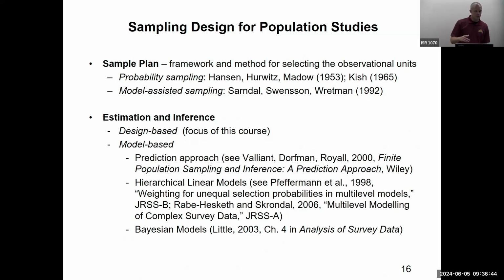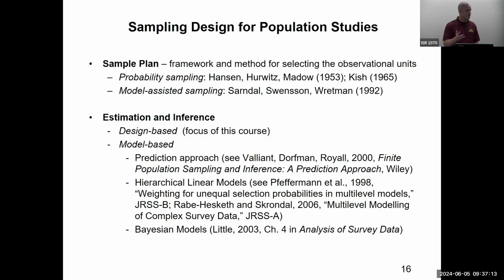So our focus is going to be on design-based approaches, which we'll define in a second, but there are alternatives. And when we talk about multi-level modeling later on in the course, we're going to get into alternative model-based approaches that one could use to analyze survey data. But our primary focus to start with is going to be on these design-based approaches. There's actually a ton of research going on as we speak about Bayesian approaches to the analysis of survey data, which are largely model-based.